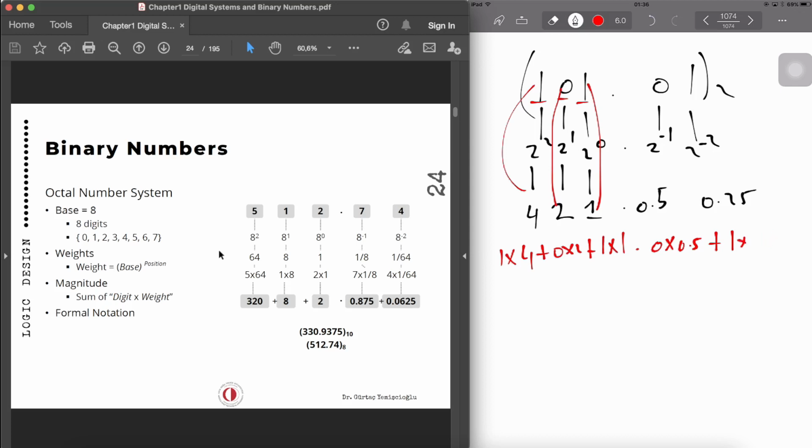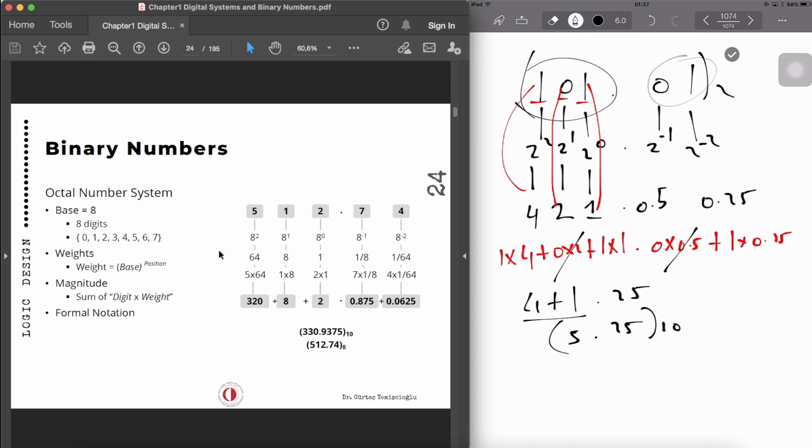So this is going to be 0. 4 plus 1 point 1 times 0.25, so it's just 0.25. 4 plus 1 is 5, so 5.25, again base 10. Okay, it looks like a conversion from base 2 to base 10. So that means 101.01 is actually equivalent to 5.25.